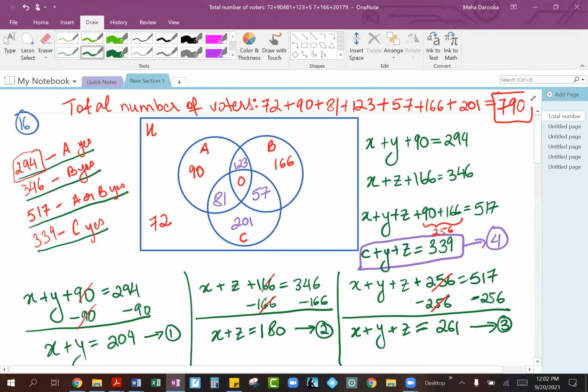Just for reference sake, I will go ahead and put our letters back in so you know which represented what. So this was X, Y, Z, and then this guy was C over here. So when you go back and reference this, you will know what regions we were talking about.